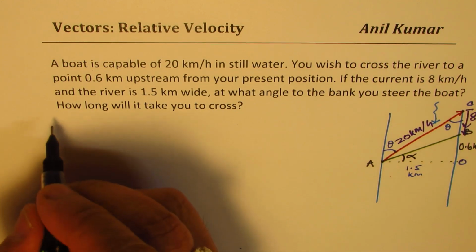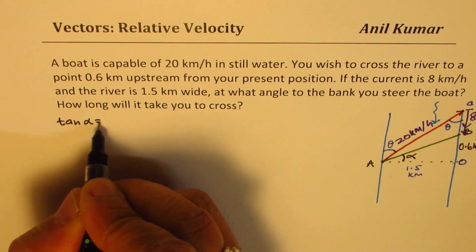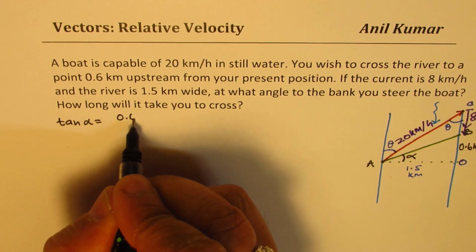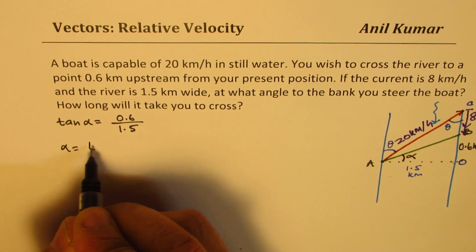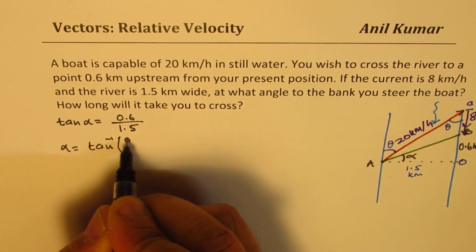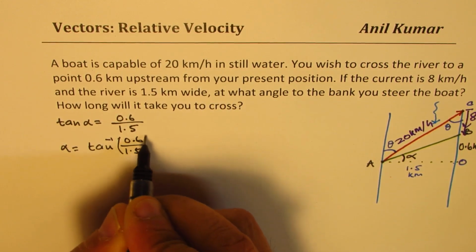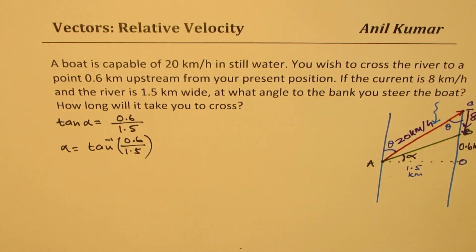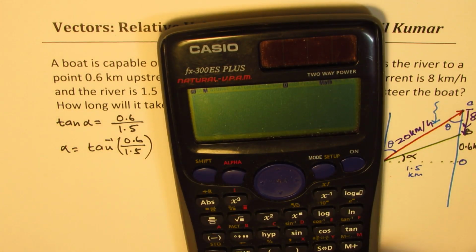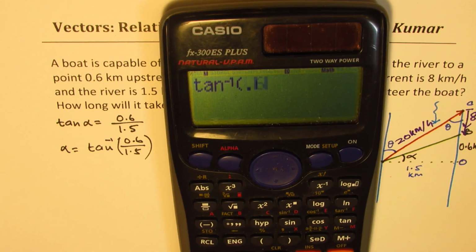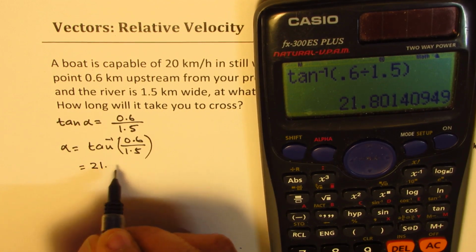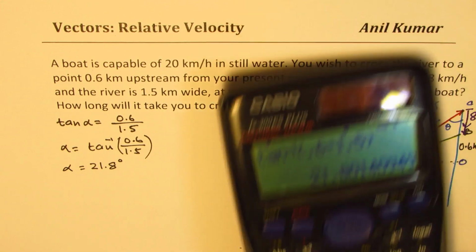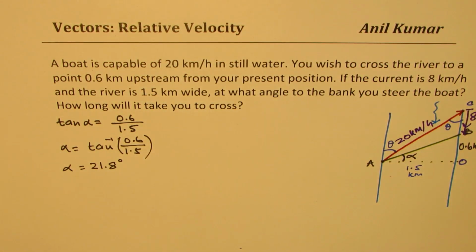We know these two sides, so tan of alpha is equal to 0.6 over 1.5. So alpha is tan inverse of 0.6 over 1.5, which is 21.8 degrees.